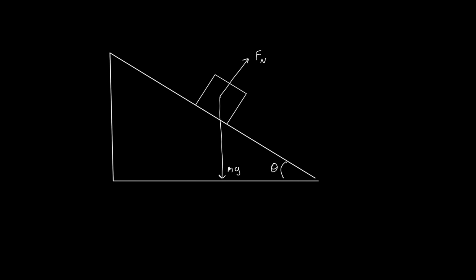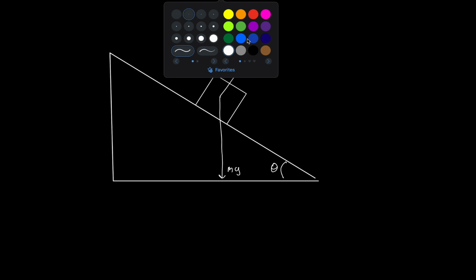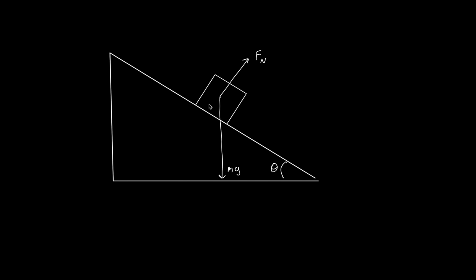Now let's start doing some labeling, and this is where we get into some forces that will help us find our static and kinetic frictional forces. This force over here, let me label that, is going to be our force that is perpendicular to the surface, and this is going to be mg cosine theta.